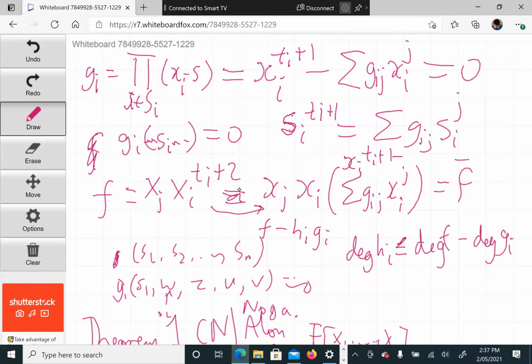That seems true, because hi is just this part, and the degree of f is bigger than or equal to the degree of the whole term. So the degree of hi plus the degree of g is less than or equal to the degree of f. Then you just put it on the other side.